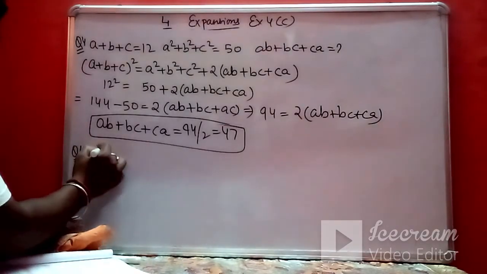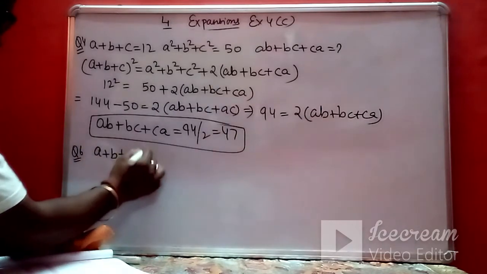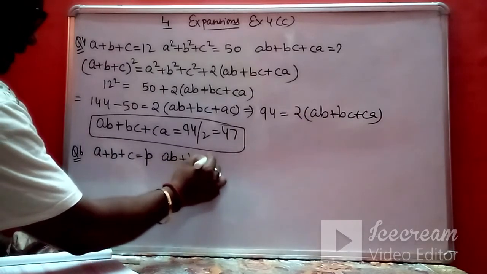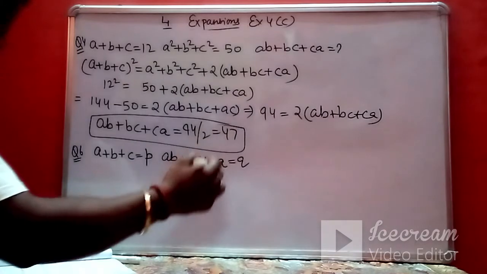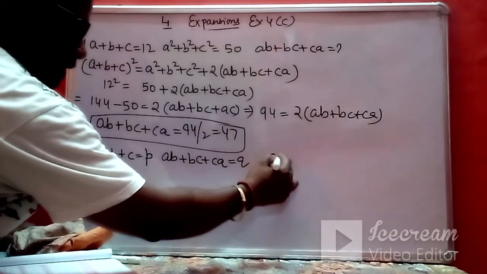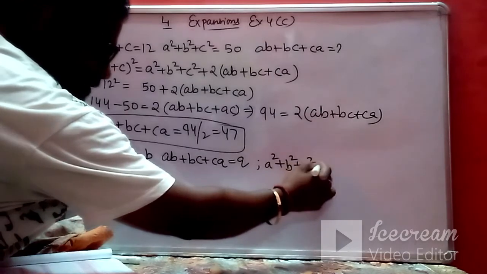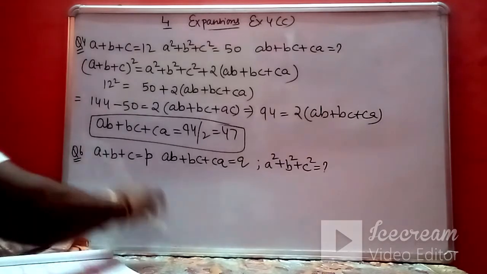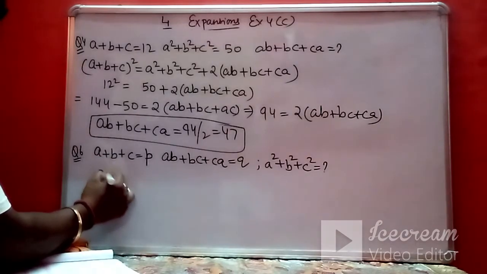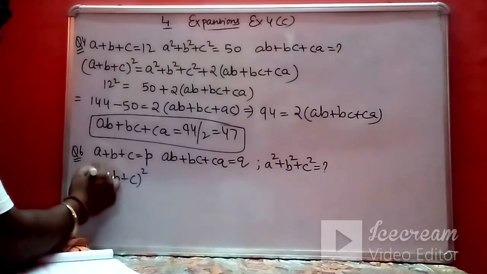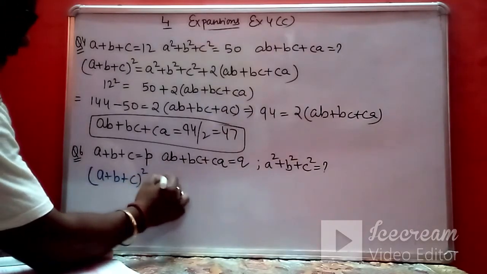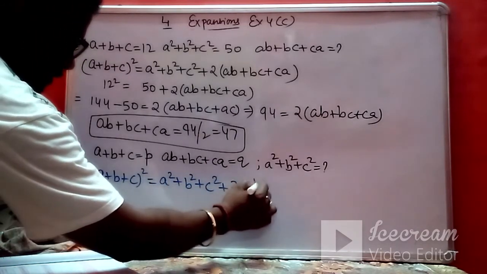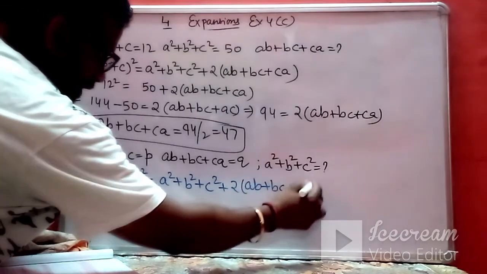Similarly, in question number 6, a plus b plus c is equal to p is given. And here it is given that ab plus bc plus ca equal to q. So we have to find a square plus b square plus c square. So again what we will do? We will write (a plus b plus c) whole square. It is a square plus b square plus c square plus 2 into (ab plus bc plus ca).